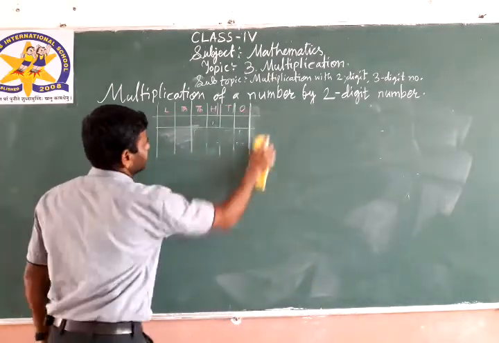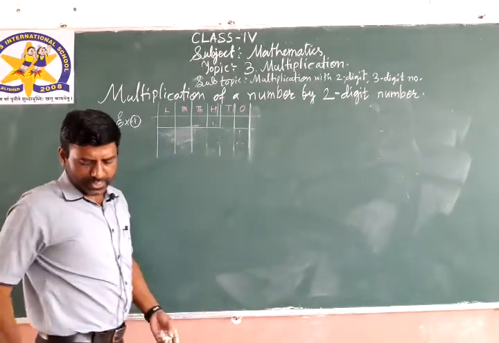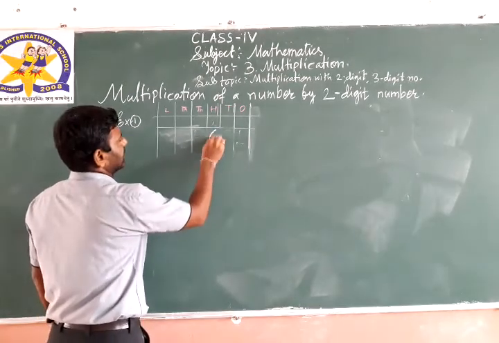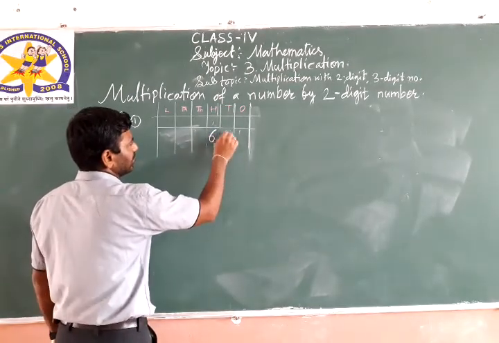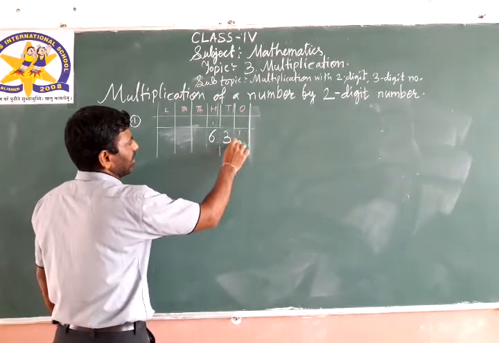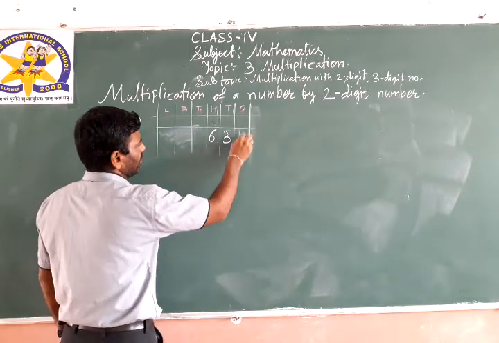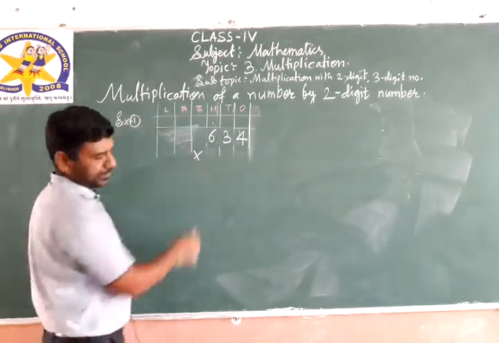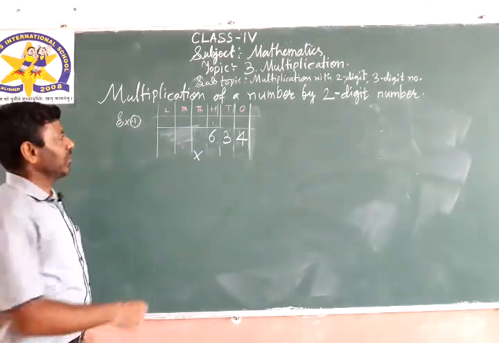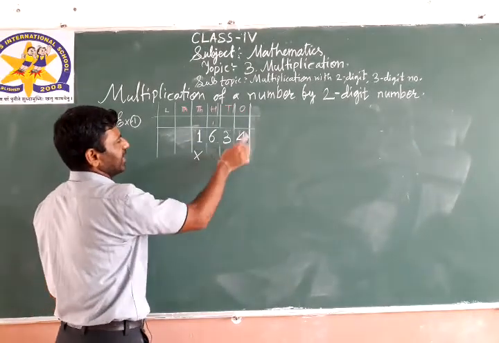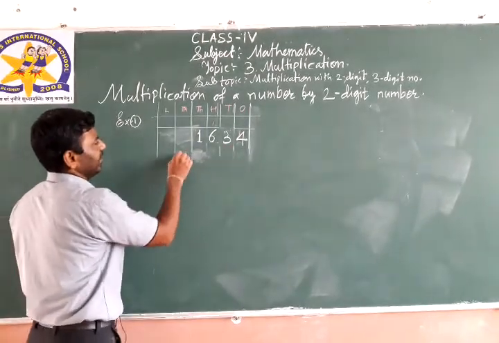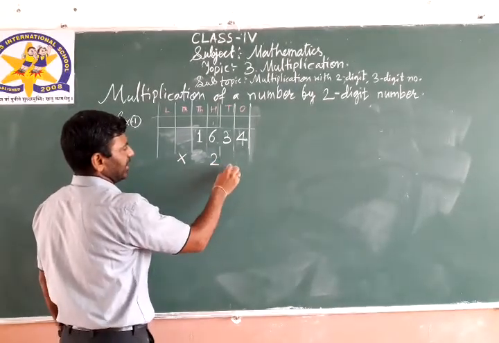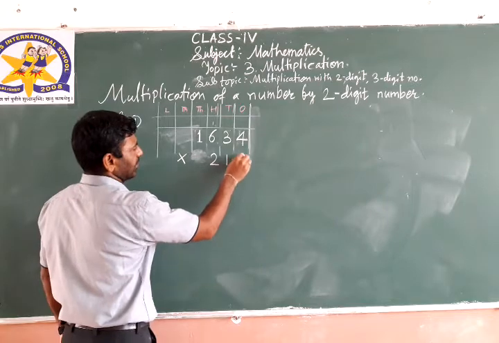Right? See, I write 1634 multiplied by 213.